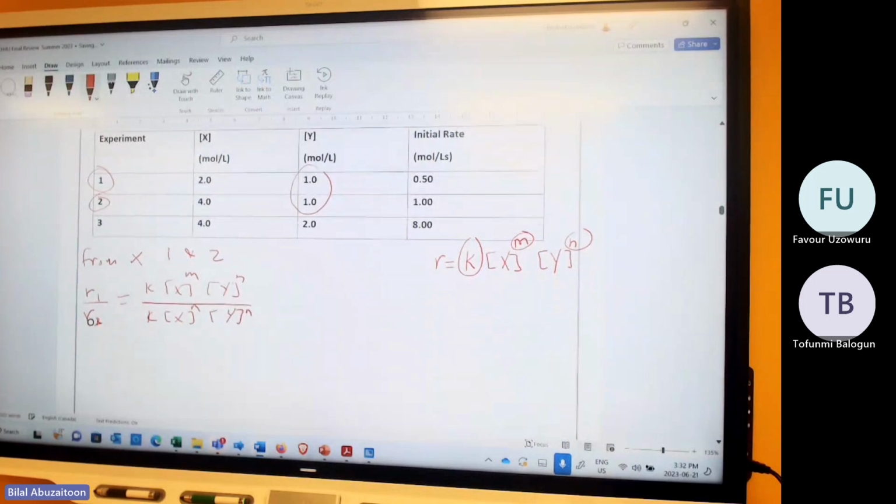Let's just plug in the numbers. R1 over R2 equals K over K, and they cancel each other anyways.